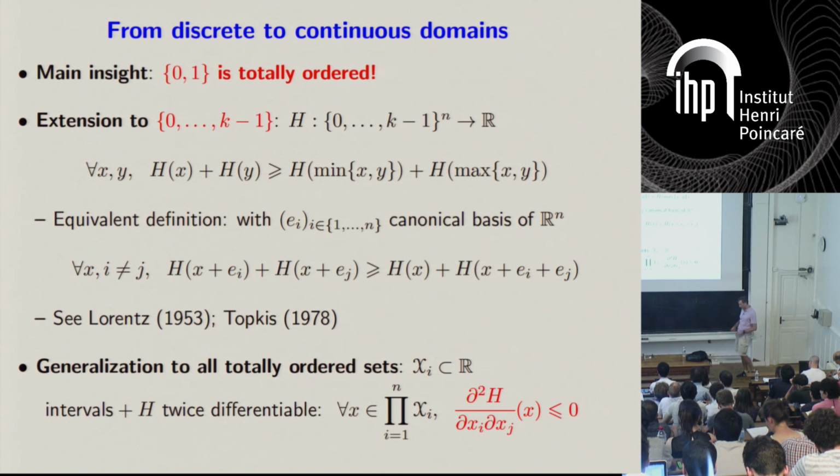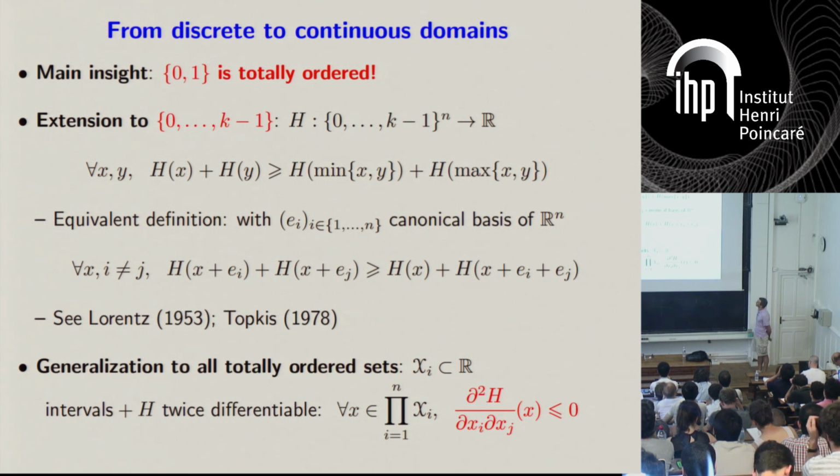This doesn't tell you anything about the second order derivative with respect to i. So here you cannot take j equal to i. You have to have i different from j. From now on, what I'm going to consider are functions which have that property.